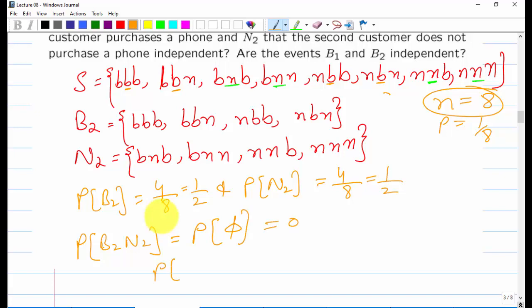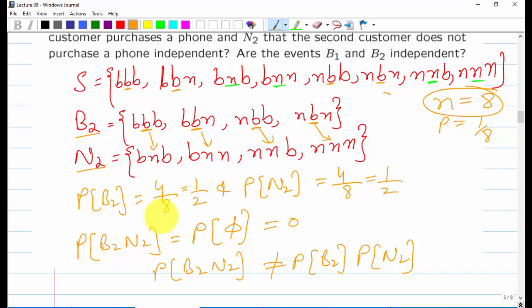So it means that probability of B2 N2 is not equal to probability of B2 into probability of N2. These two sets are taken very apparently, that if the second customer buys a phone, obviously it will not buy the phone.